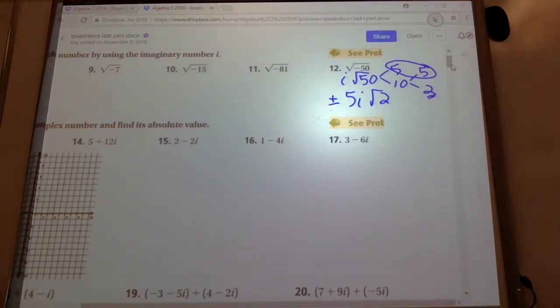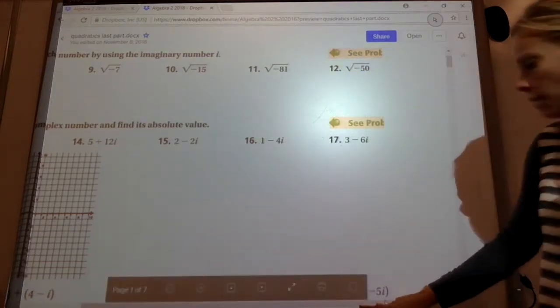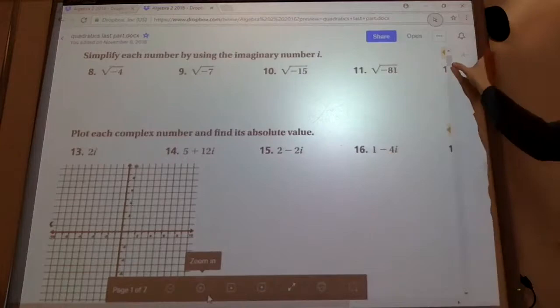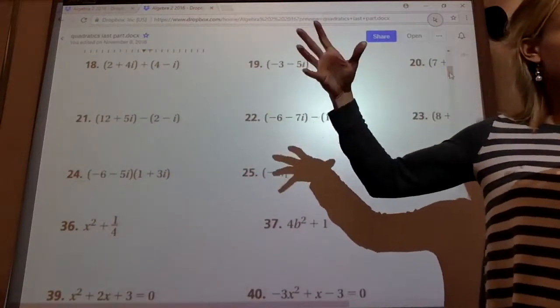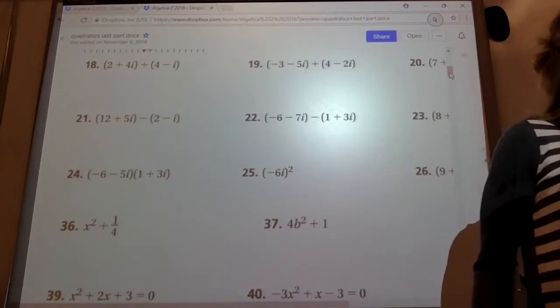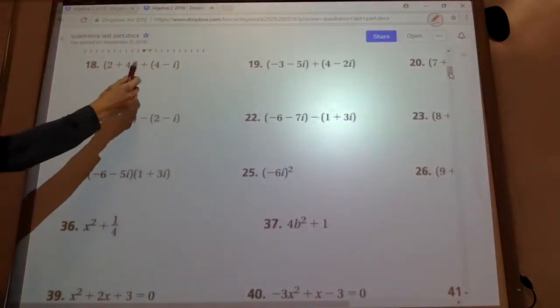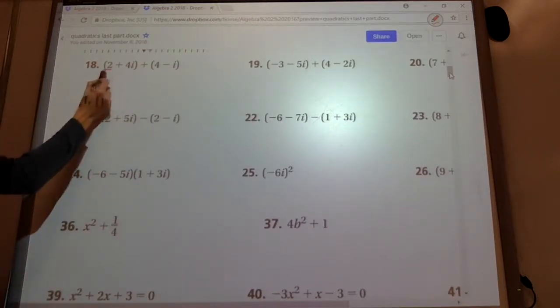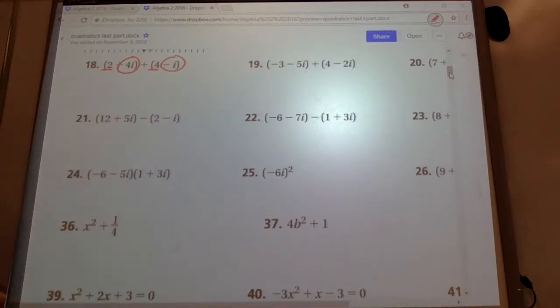So you can do operations with complex numbers, just to show you a couple of them: adding, subtracting, and multiplying. i's work a lot like x's. They're just another variable, basically. When I'm adding two complex numbers together, you have a real part and an imaginary part.